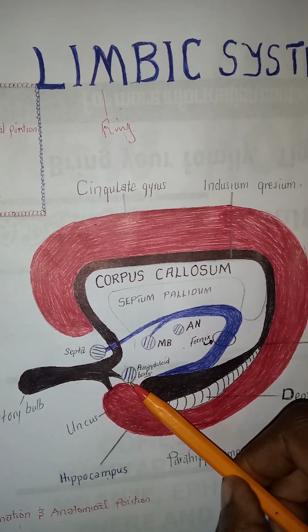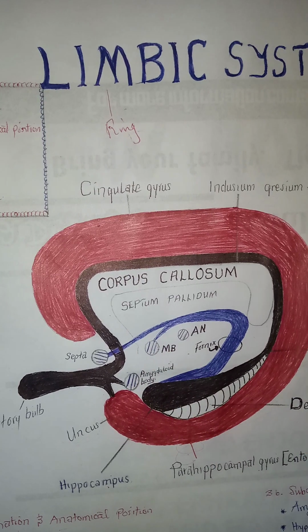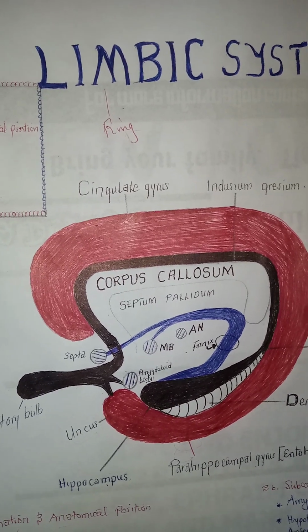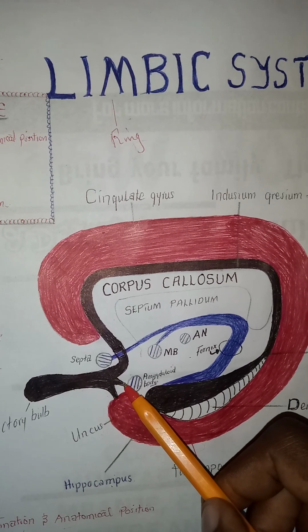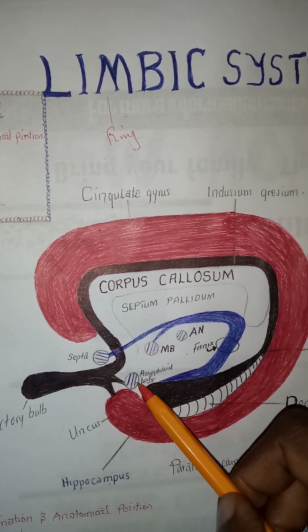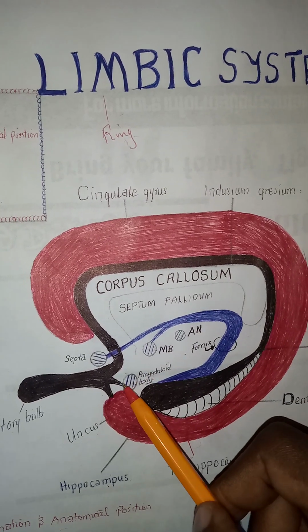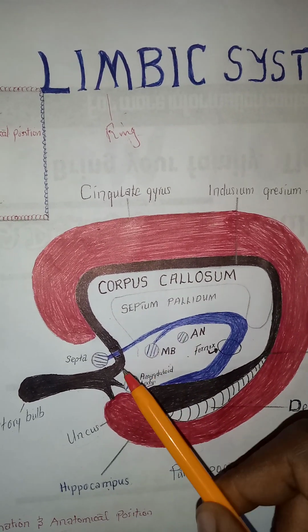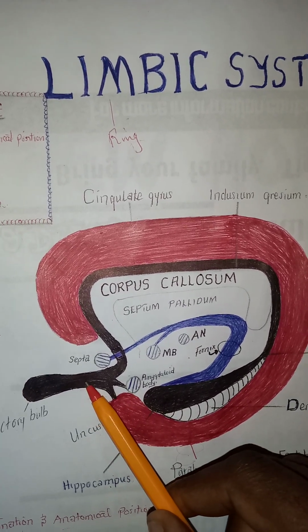It also plays a role in the emotional aspect. It also receives some fibers from the olfactory nerve, so it is involved in smell. That's why it plays a role in smell-mediated sexual behavior. As you can see here, there are some fibers coming from the olfactory bulb.